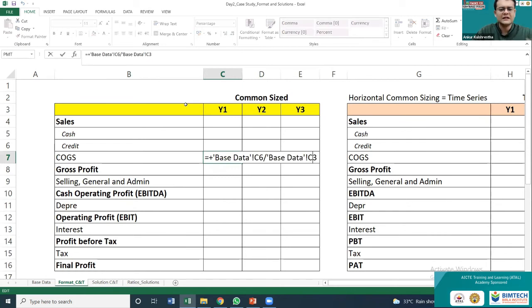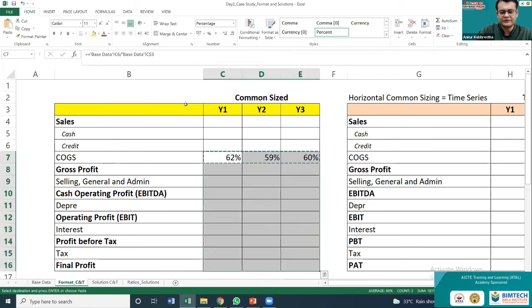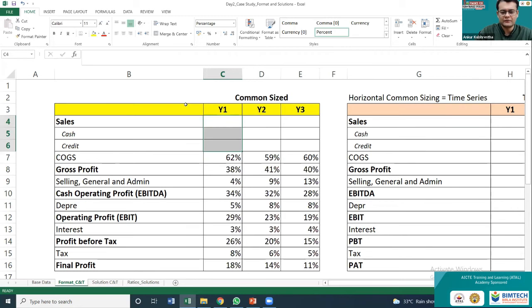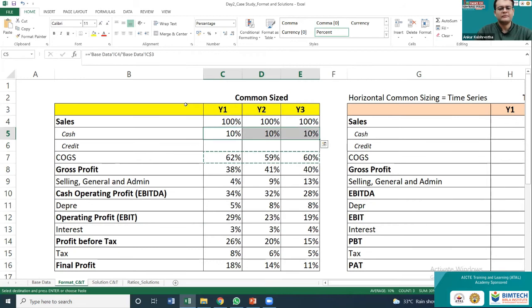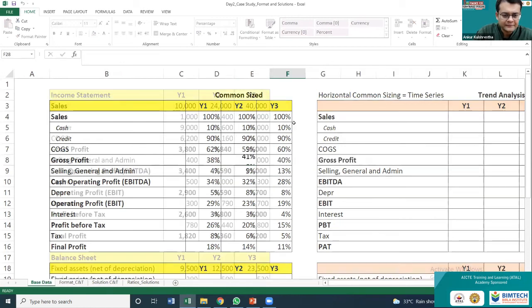Anyone who is a little more tech savvy in Excel would know the dollar function, and that will make our life much simpler. I am not going to tell you about the dollar function right now. You put a dollar and then the relative copying becomes better. But the key point here is that a 41% would typically mean D7 divided by D3.